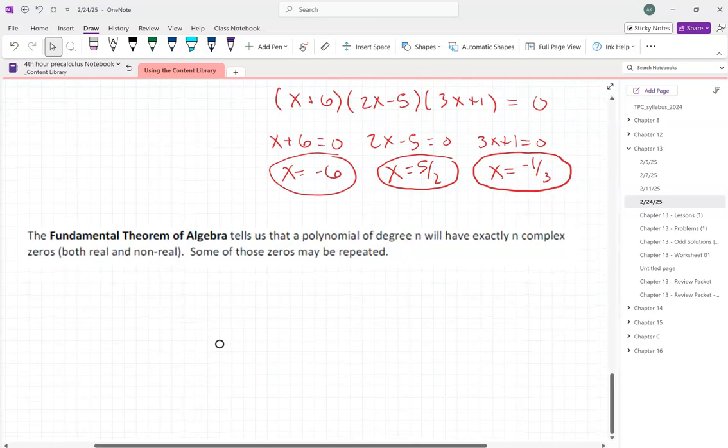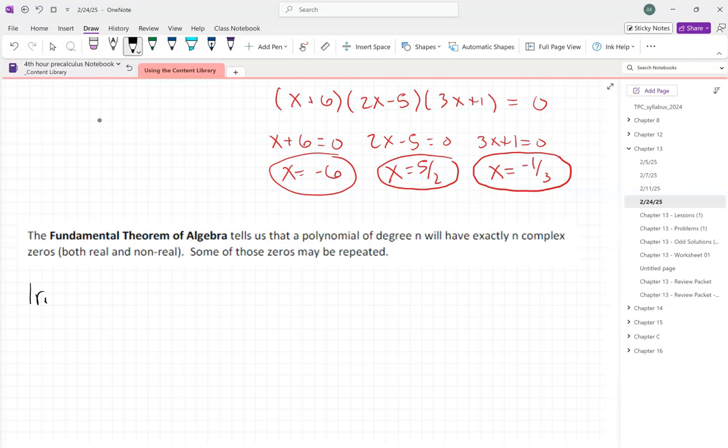The other 2 theorems we're going to have: one is called the irrational conjugates theorem, and the other is the complex conjugates theorem.